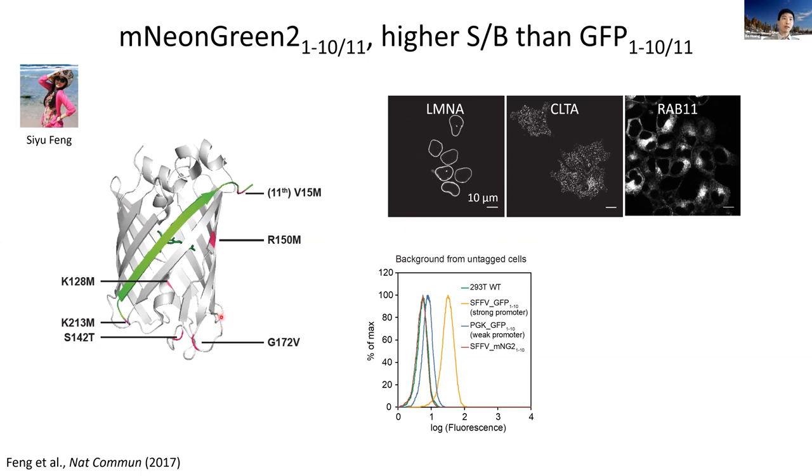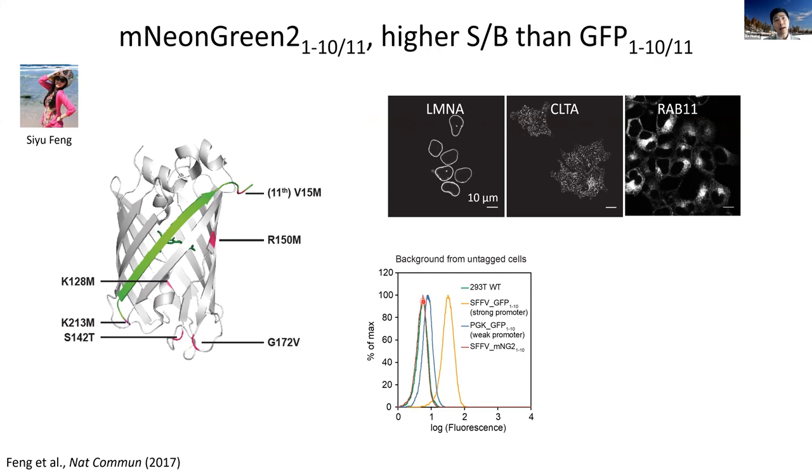So look at this FACS histogram. On the right is the log of the fluorescence from individual cells, and this is GFP 1 to 10 by itself expressed with a strong promoter. You can see the signal is substantially higher compared to the autofluorescence background in wild type cells. Even with a weak promoter, the PGK promoter, for the GFP 1 to 10 fragment, there is still an appreciable background.